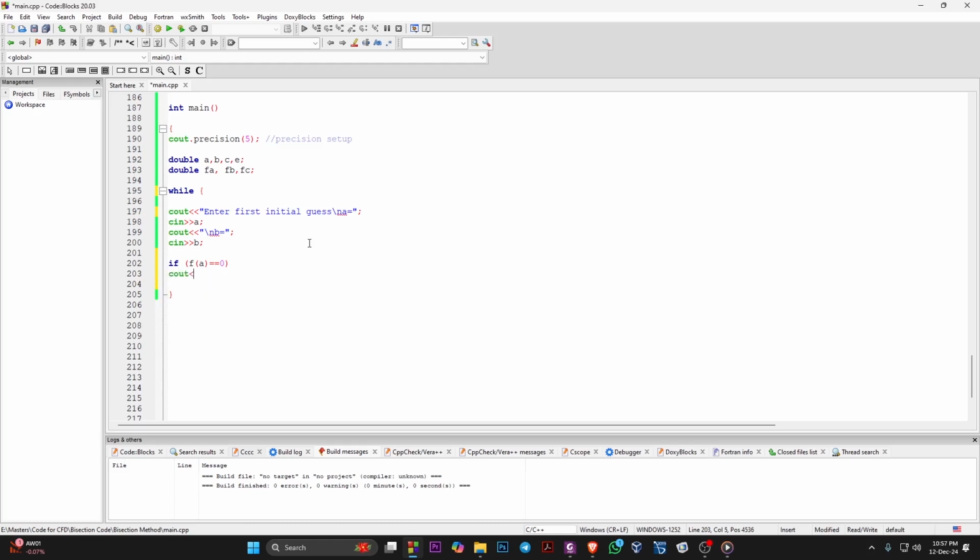So cout, the solution is a. I have to make this value in second bracket.